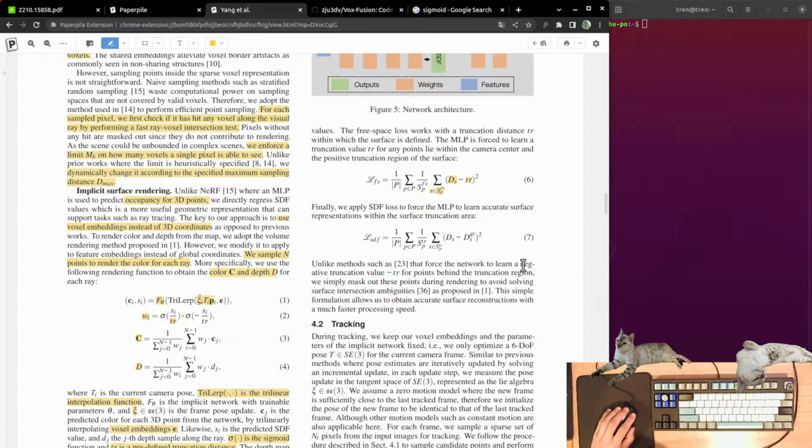They're saying if the truncation value is negative behind the truncation region, we simply mask out these points during rendering to avoid solving surface intersection ambiguities.